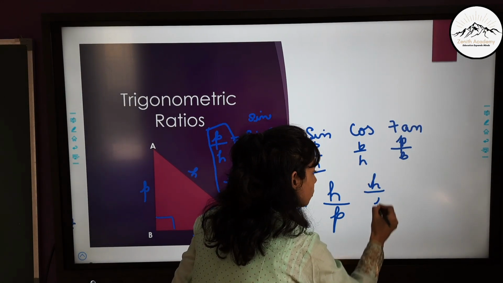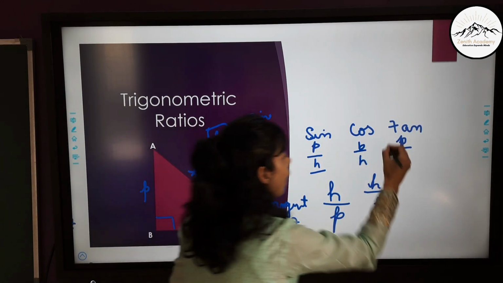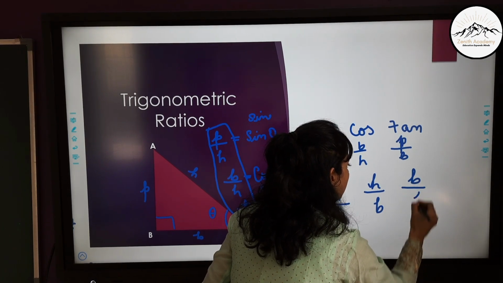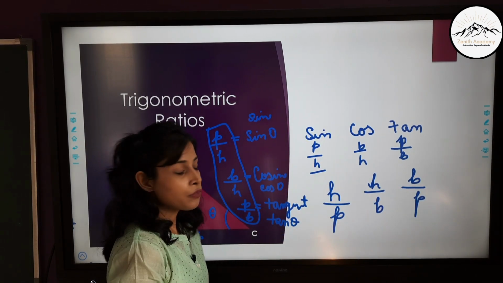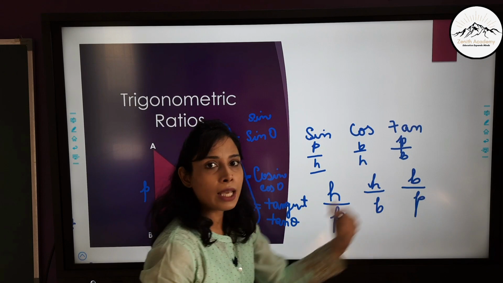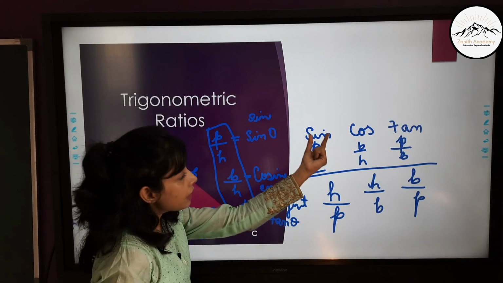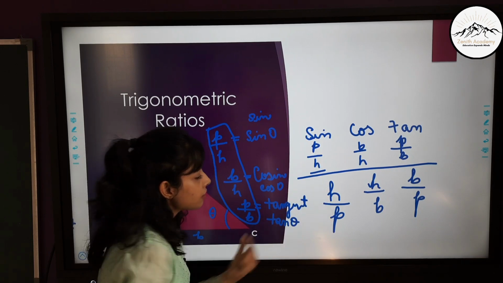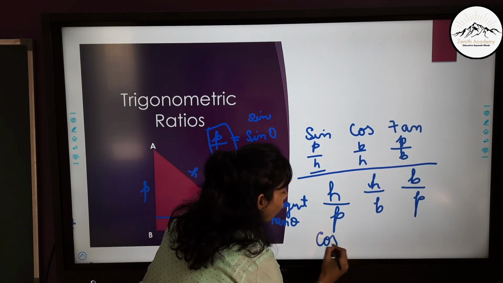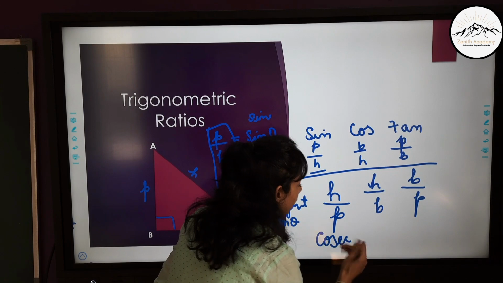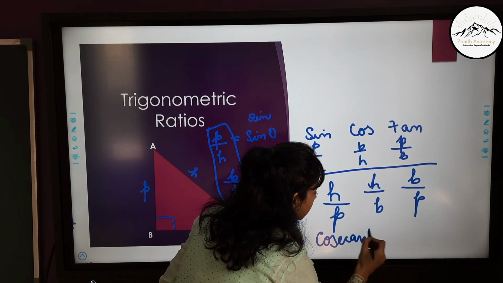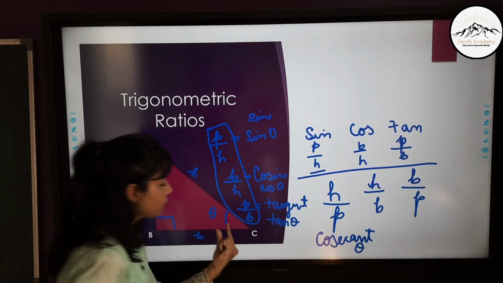Hypotenuse upon base is also another ratio, and base upon perpendicular can also be the other ratio. So, what will we name it? The reciprocal of sine is cosecant theta, in reference to this angle.